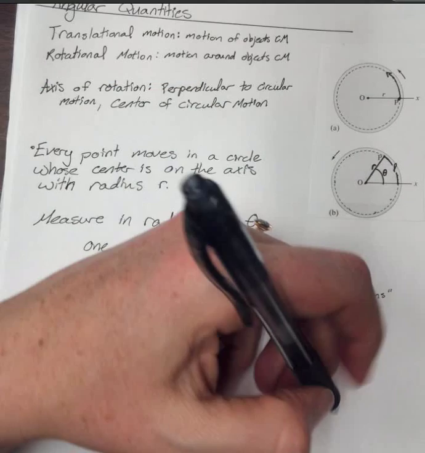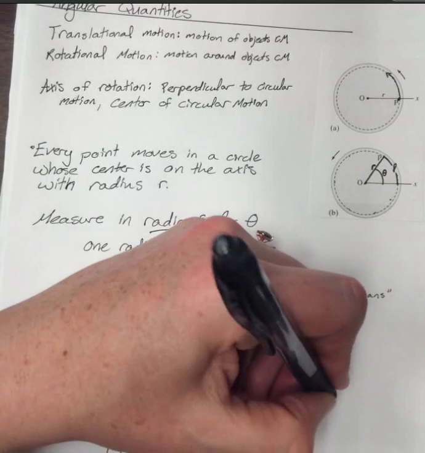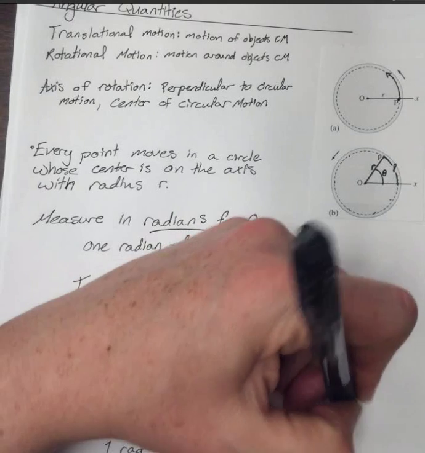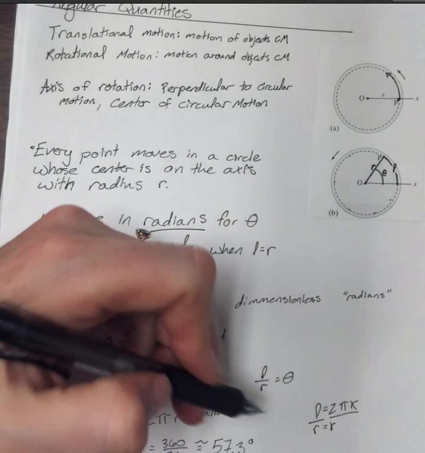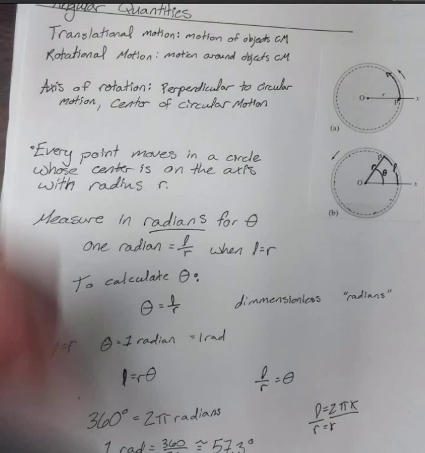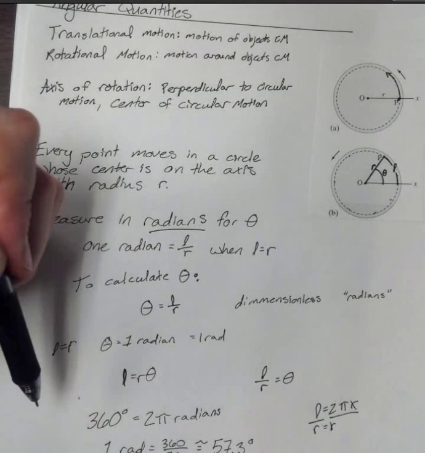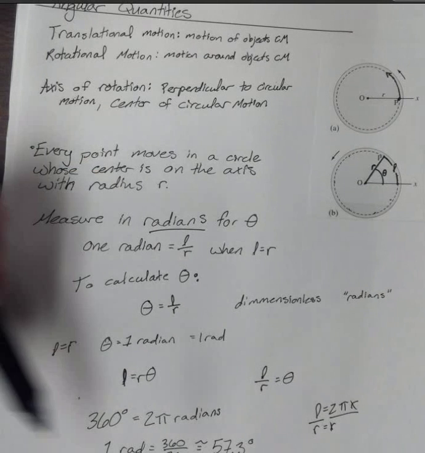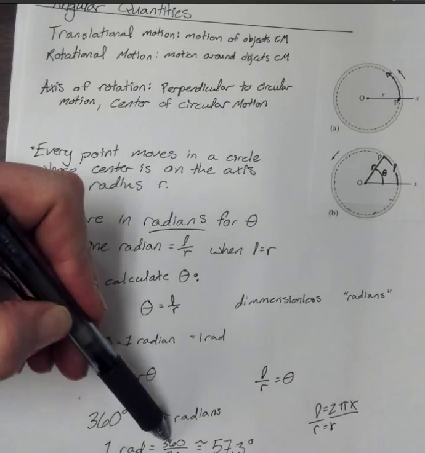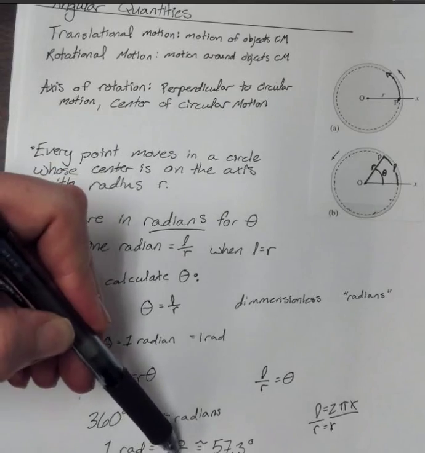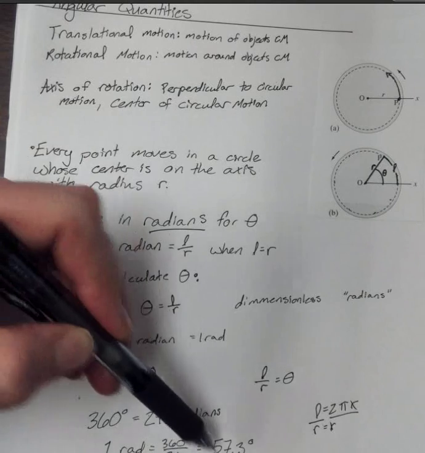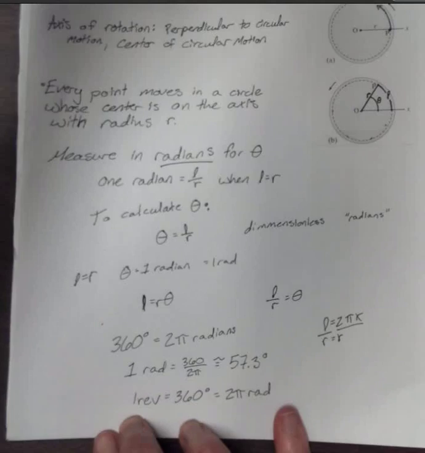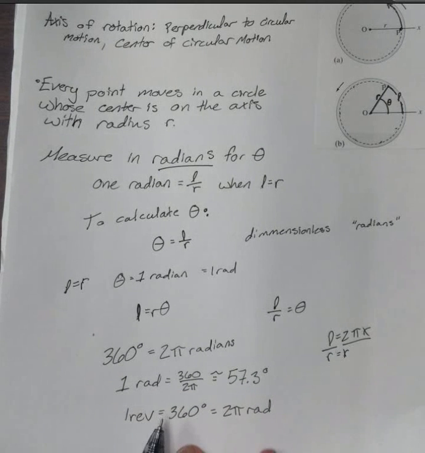A circumference is L equals 2 pi R, and the radius is R, so L over R is 2 pi. So when you've completed one complete rotation around a circle, you've covered 360 degrees. Therefore, 360 degrees is 2 pi radians, and that's how you're going to get back and forth. 360 is to 2 pi, so that means that 1 radian is 57.3 degrees. One complete revolution around a circle is 360 degrees, which is 2 pi radians.